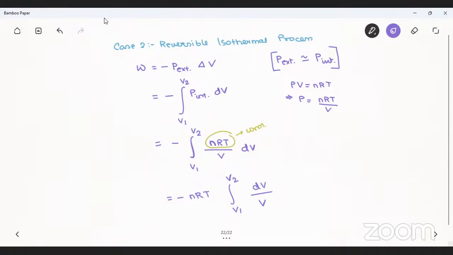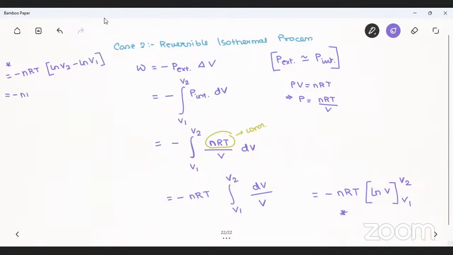This has a formula. What is the formula? It is ln V, with the limits. I am writing it here: nRT, and what is ln? Not log, it is ln. ln V2 minus ln V1.